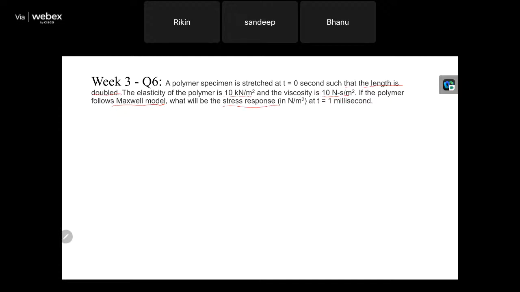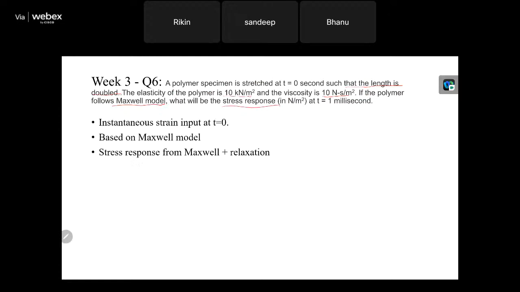Now, as you might recall from the lecture, we find the stress response in case of a relaxation test. Sorry. So basically, instantaneous strain input at t equal to 0 is given. It is based on Maxwell model, and the stress response can be found out from Maxwell and relaxation.